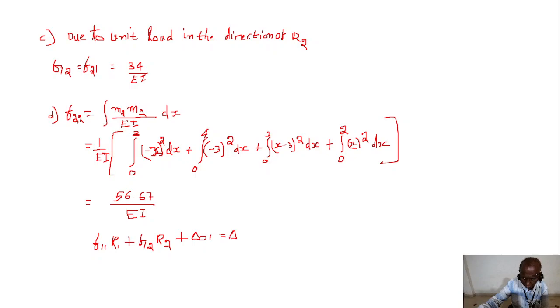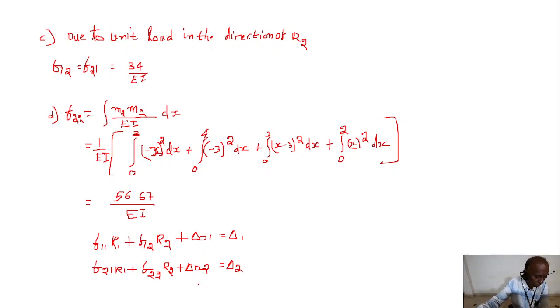This is the total deflection. Next, F21 R1 plus F22 R2 plus delta 02 equal to delta 1. These are the compatibility equations.